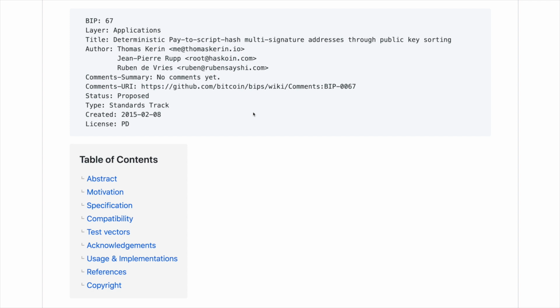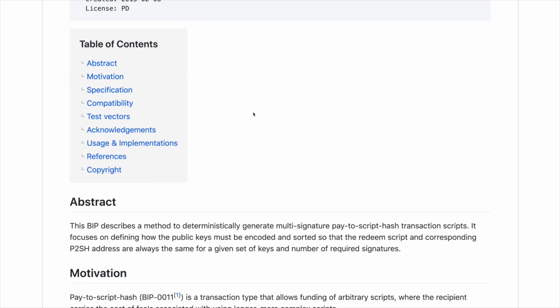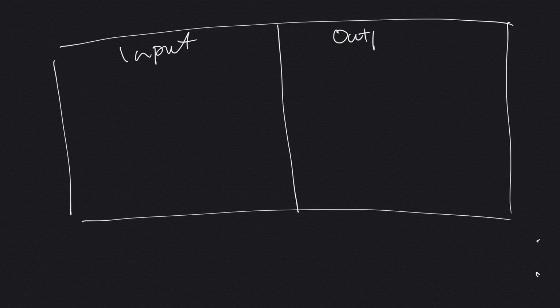Let me create a transaction which is revocable, for example. So this is the transaction. I split the transaction into two parts. This is the input. This is the output. The input is a regular input which references a transaction.